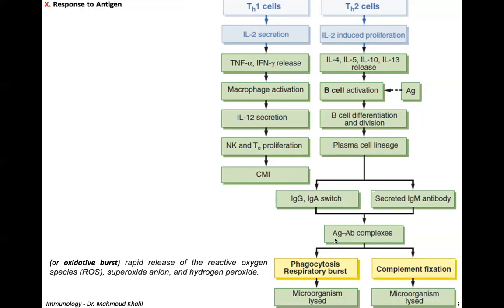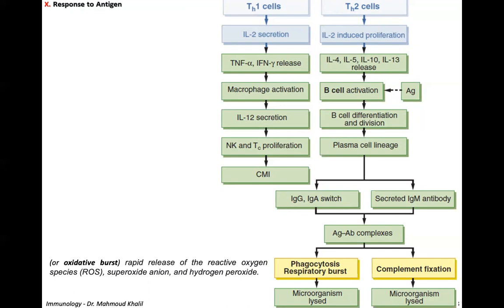This complex can be phagocytized, and this will lead to something called respiratory burst. Actually, respiratory burst is also called oxidative burst. And this will lead to a rapid release of reactive oxygen species, superoxide anions, and hydrogen peroxide.